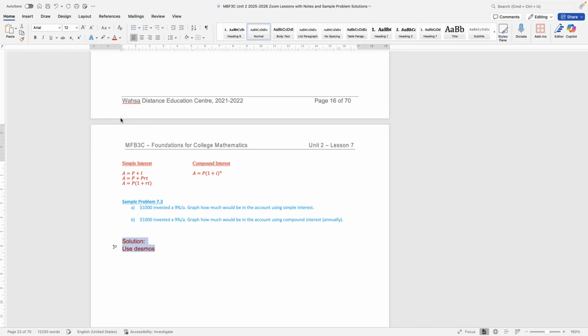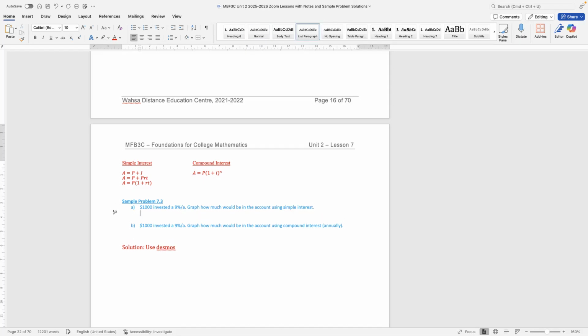It's going to be red, and we don't need it to be. And I'm going to use Desmos because it's a lot more difficult to do on graph paper. So if I want to do this, and again, I'm going to put this in red, what would the equation be?